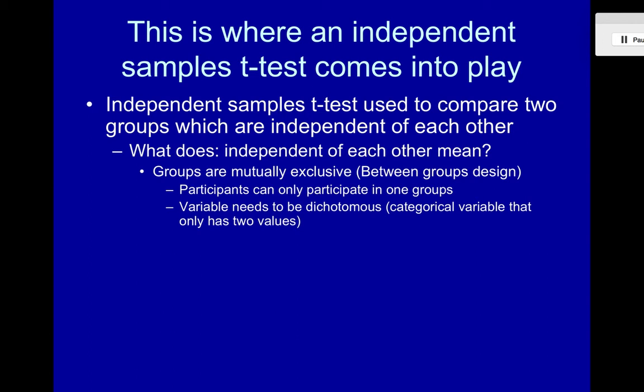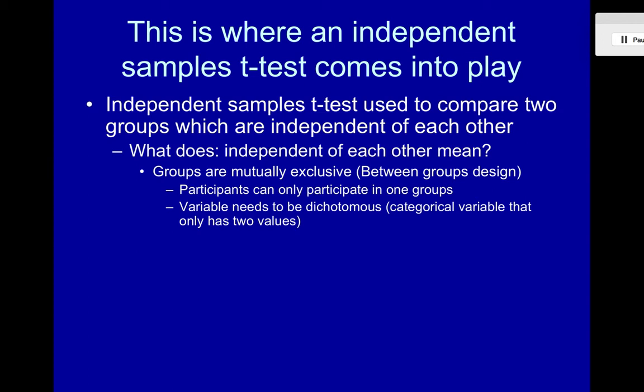It really means this idea that our groups are different from each other, in the capacity that they are different individuals per group. So in other words, the group of individuals who are smokers are going to be different than the group of individuals who are non-smokers. In other words, we have mutually exclusive groups. They are not related to each other in any capacity in terms of them being the exact same individuals.